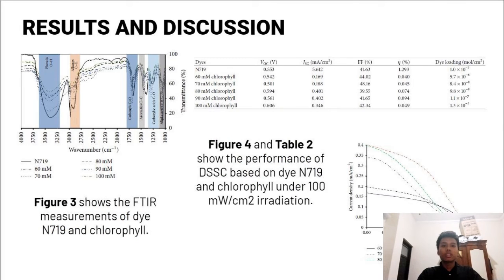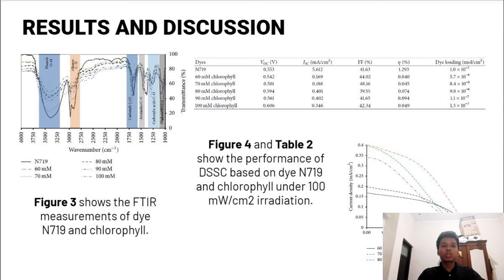And then we have figure 3, which shows the FTIR measurements of dye N719 and chlorophyll. The existence of the OH and CO groups, respectively, is indicated by peaks in the regions of 2500 until 3000 and 1600 and 1750 centimeters to the power of -1 in all dyes.